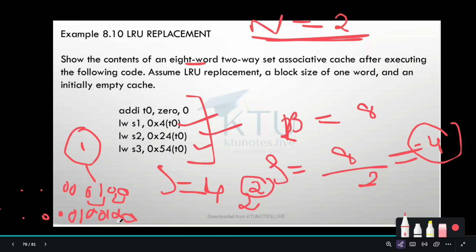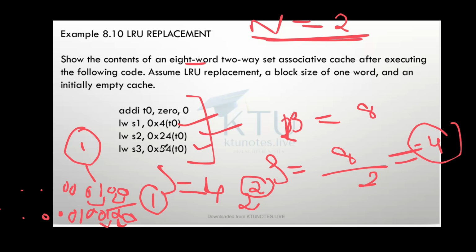Here also the set index is 1 0, so this also goes in set 1 itself. And 0x54, the last digit is 4, so this also goes to set 1. So all of them go to set 1, and in set 1 there are only 2 ways, way 0 and way 1.